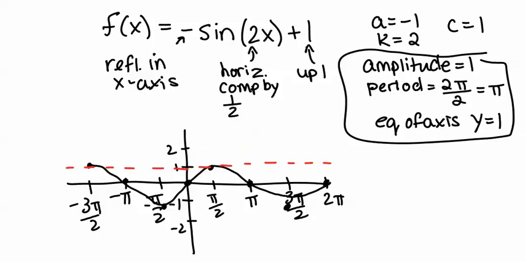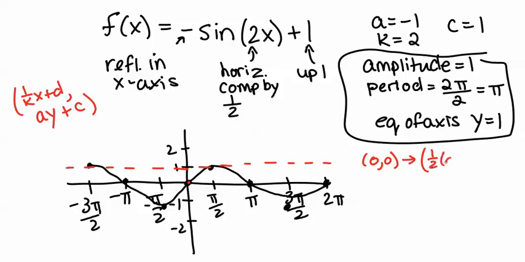If I want to use that mapping notation way, I would take my key points, so I would start with 0, 0 for sine, and I would transform that by multiplying x values by 1 over k and adding d, multiplying my y values by a and adding c. So 0, 0 would become, since I have a k value of 2, 1/2 times 0.